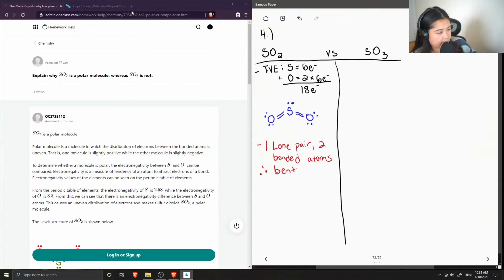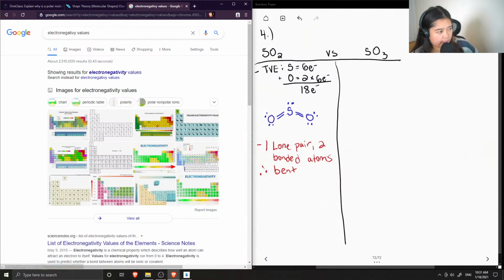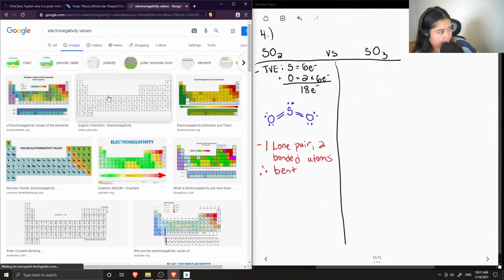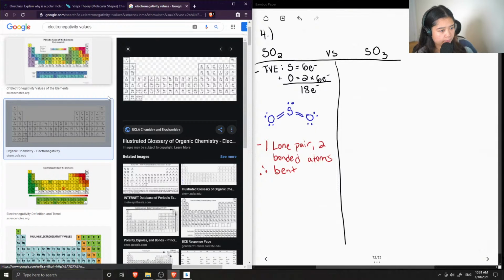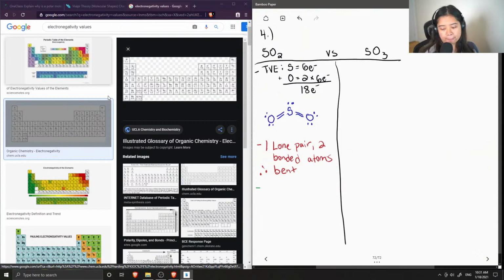And what we also need to calculate is the electronegativity difference between a sulfur atom and oxygen. So electronegativity difference is a big aspect of how one can find out whether or not a bond is polar or not polar.